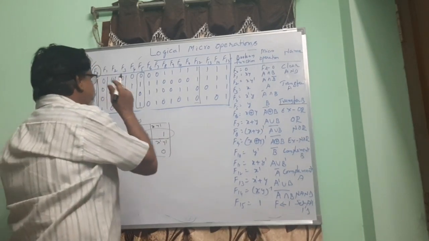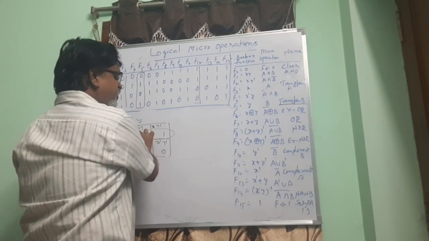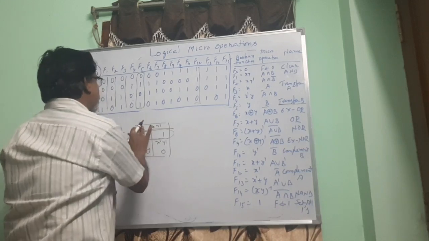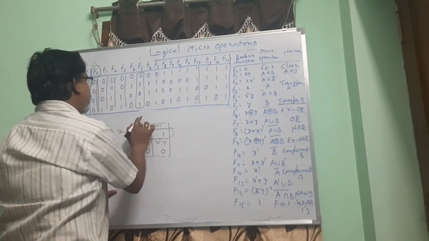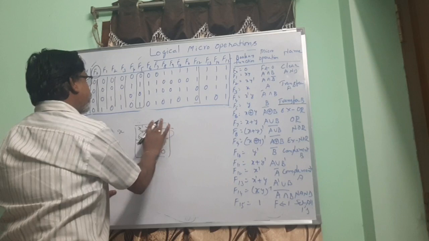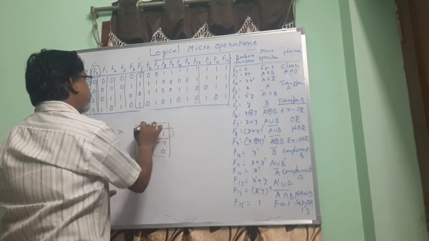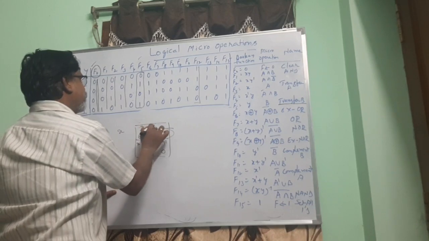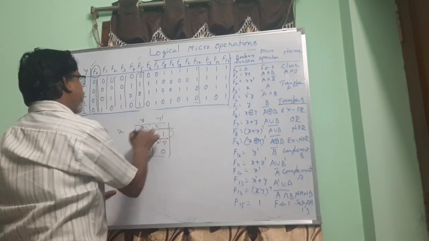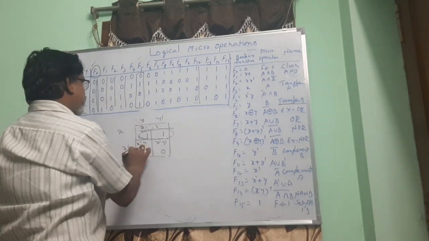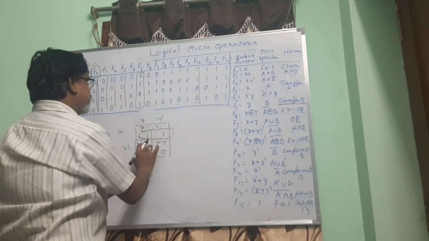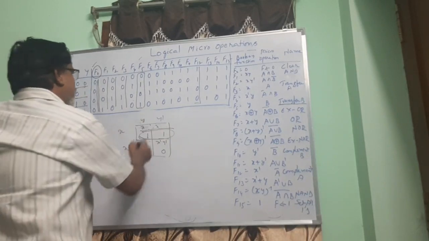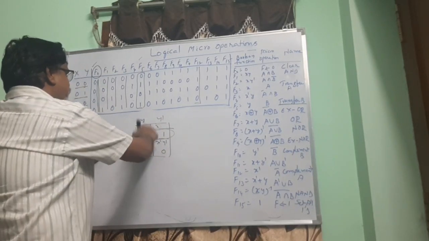Here you will get x bar y and x bar. In these two, common will be y only, no? So common is x, y and y bar. So this is x bar. So here common is y. So like this. If you go for the K-map, I forgot the K-map simplification.